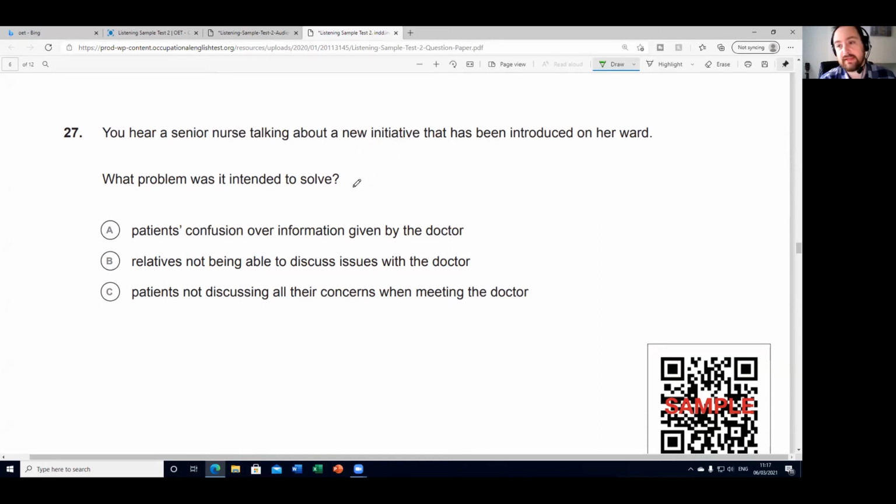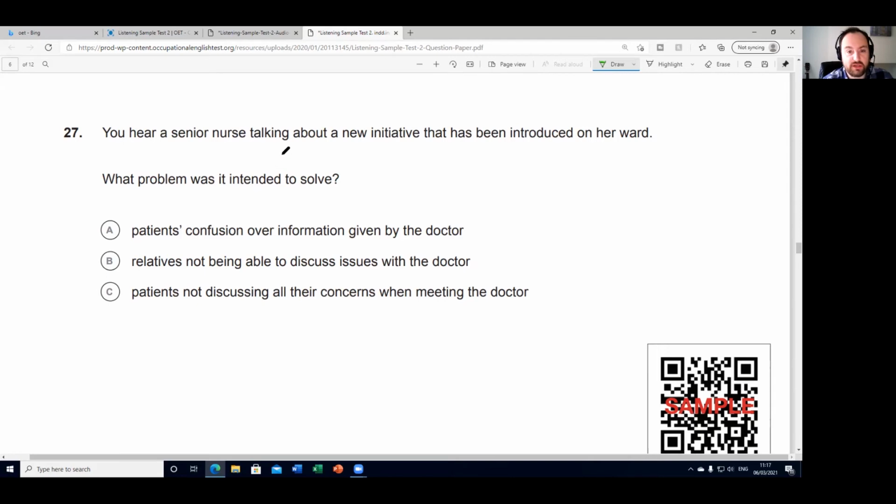This suggests to me that it's going to be gist, and that this is everything the recording is going to be about, because it's all about this new initiative and the problem it was going to solve. So I would say this is probably going to be a gist question. And we've had 2 specific detail questions, so it's good to look at the other type as well.